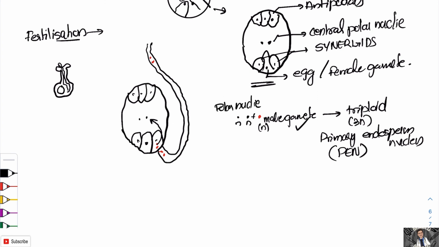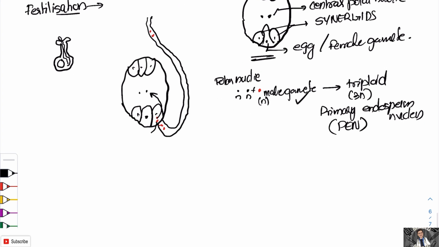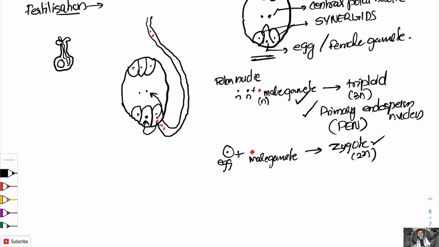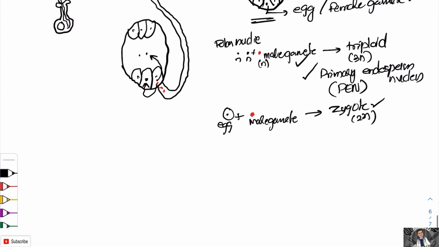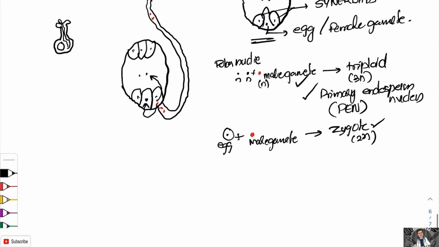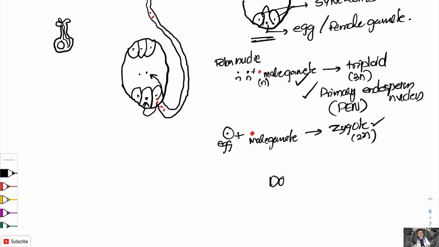Now the other male gamete fuses with the egg and forms the zygote, which is 2N. So the production of primary endosperm nucleus and zygote involves two fusions, right? So this is also known as double fertilization.